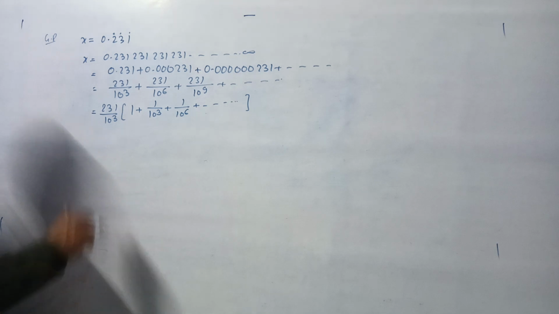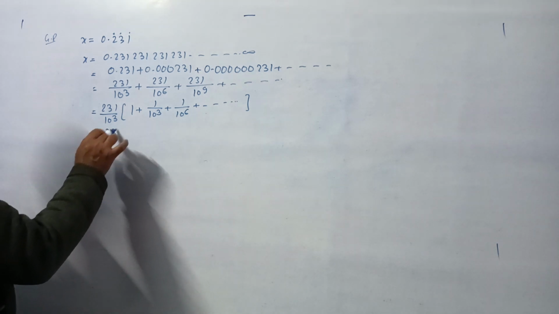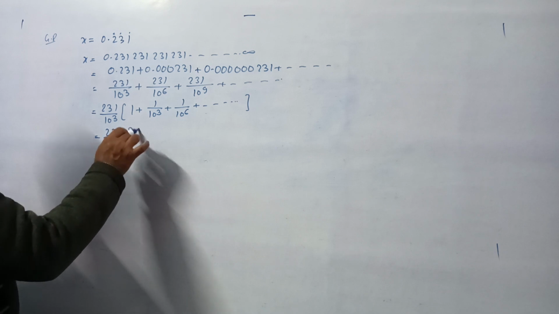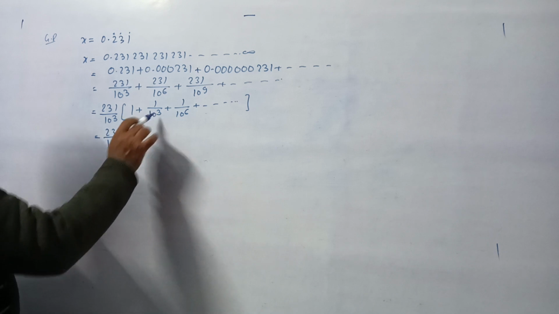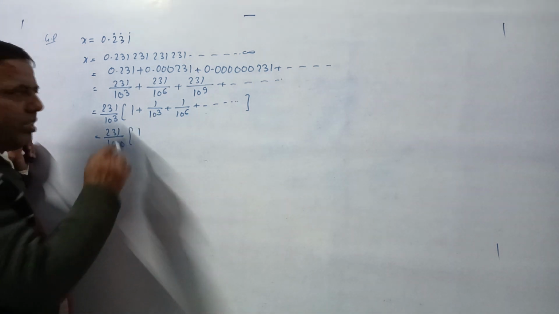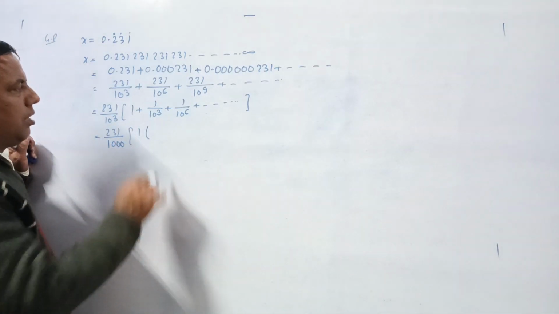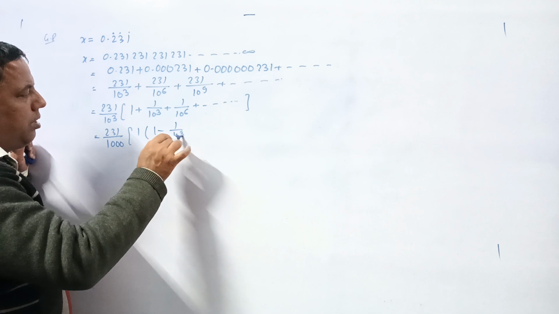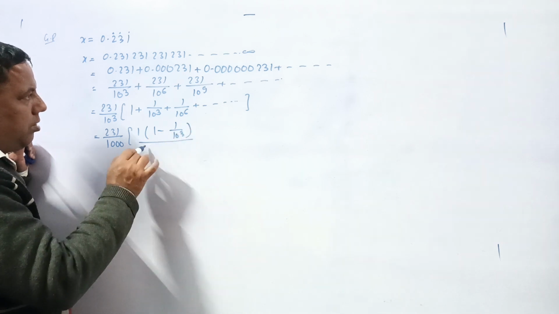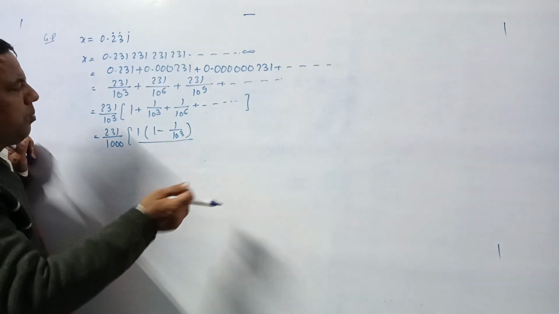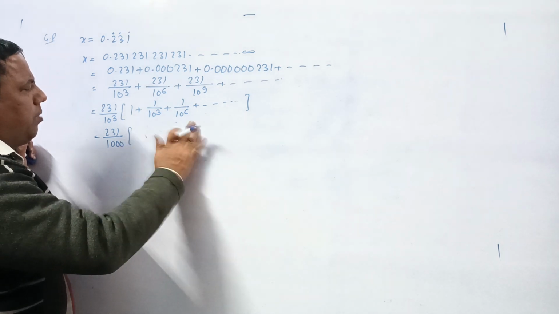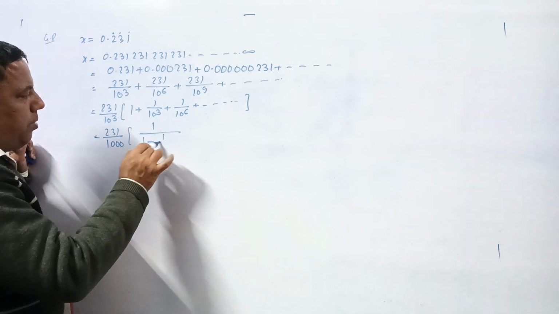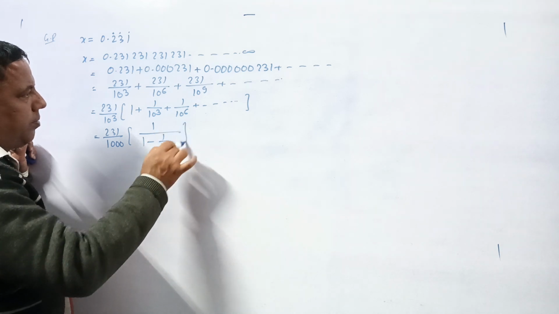So 231 upon 1000 times 1 plus a series whose first term is 1 and common ratio is 1 upon 10 to the power 3, up to infinity. The sum to infinity is a upon 1 minus r, where a is 1 and r is 1 upon 10 to the power 3.